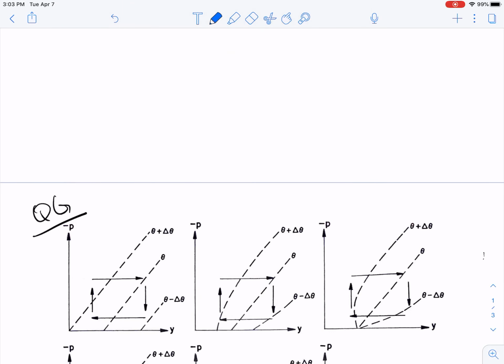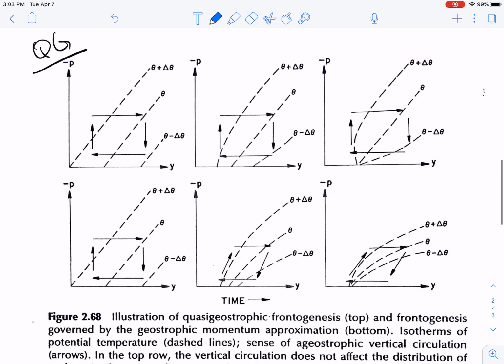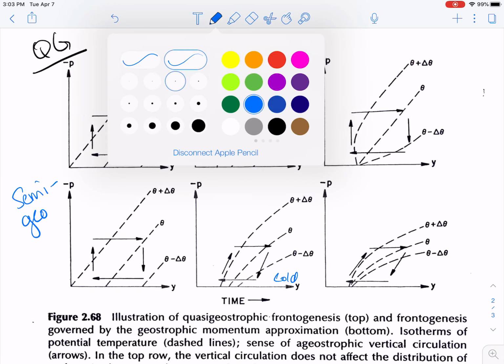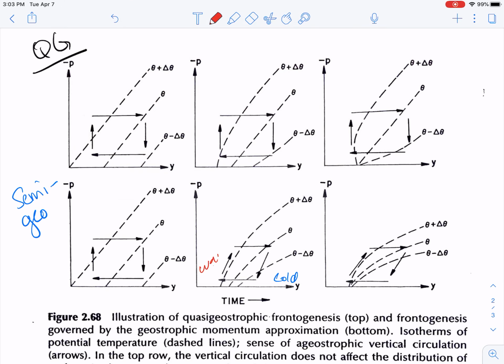Now if we look at this same cross-section, but using semi-geostrophic theory, which uses our geostrophic momentum approximation, we now get our circulations to happen in a way that tilts all of our isentropes towards our cold air, has areas of only static stability, and so we see here our region of static stability, right?